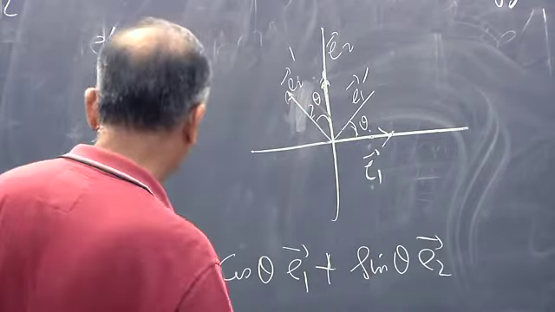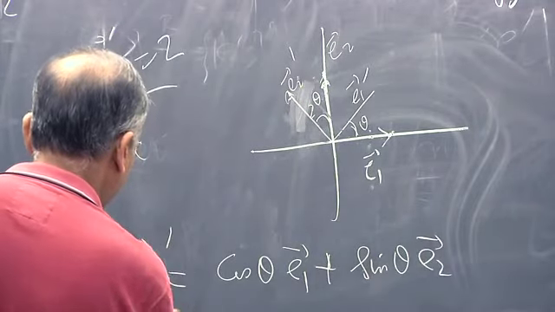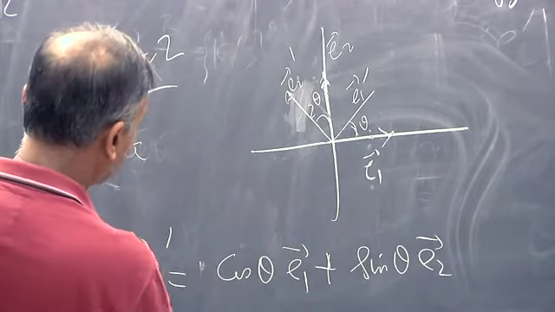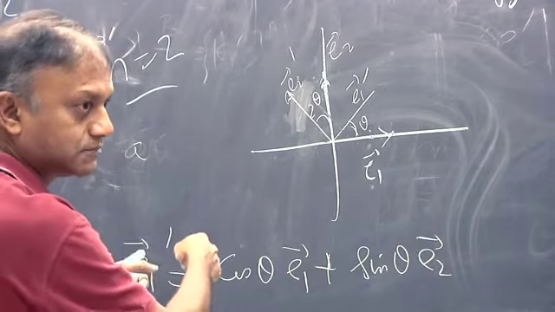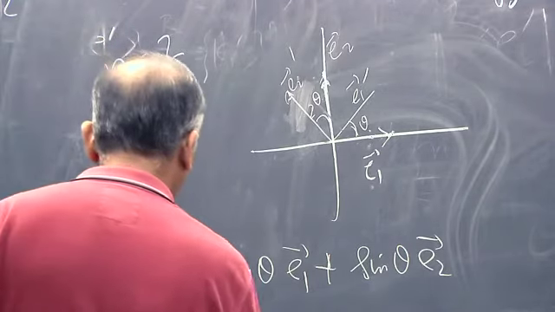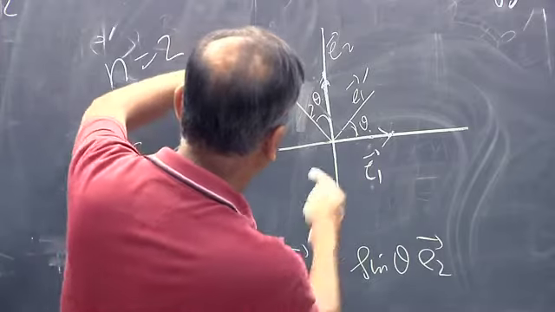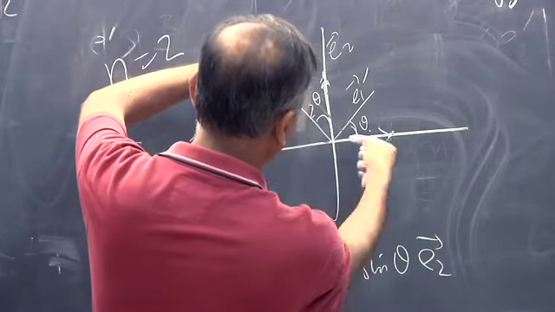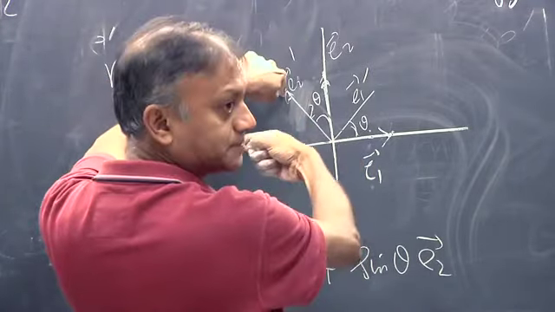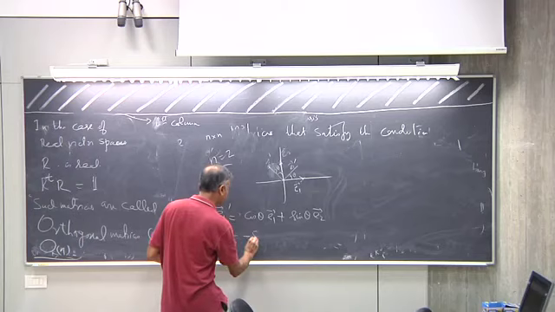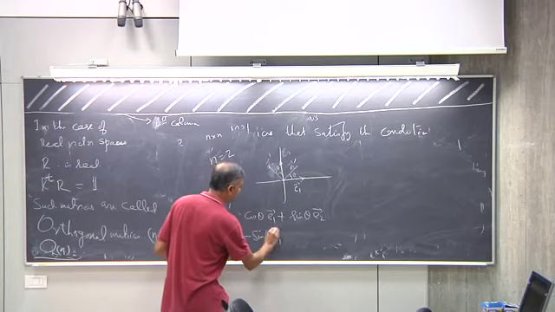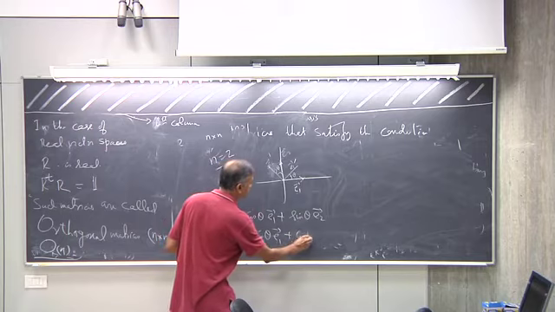And E2 prime, since the length is 1, when I project along the first axis, it's in the negative direction. So you get minus sine theta E1 plus cosine theta E2.